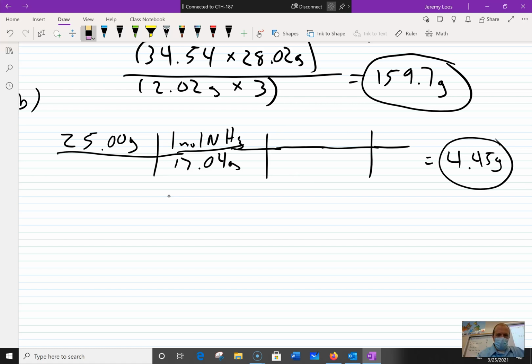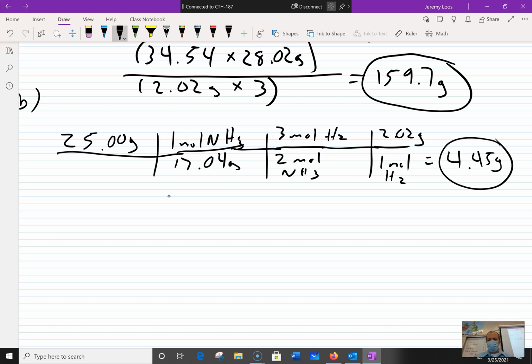So then in the next step, in the middle step, the coefficient in front of NH3 is 2. The coefficient in front of hydrogen is 3. Here we go. Did have the answer correct. And so we get 4.45 grams.